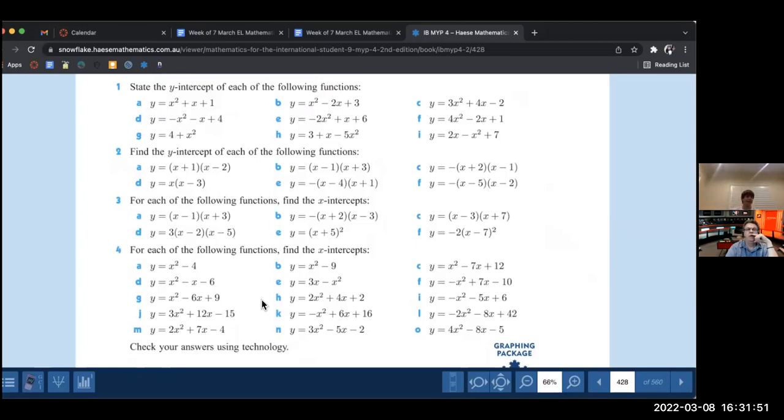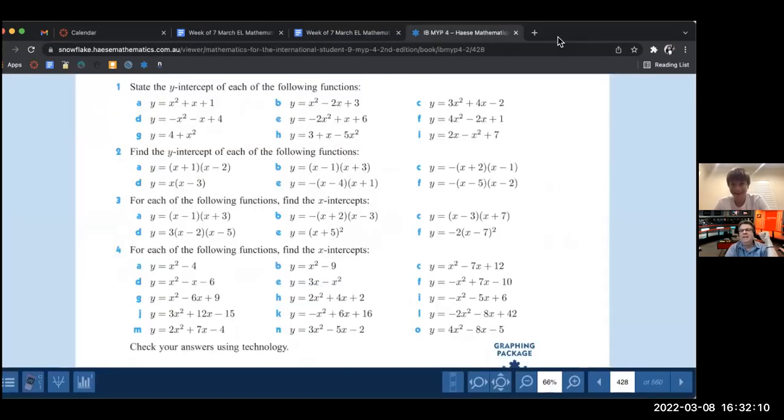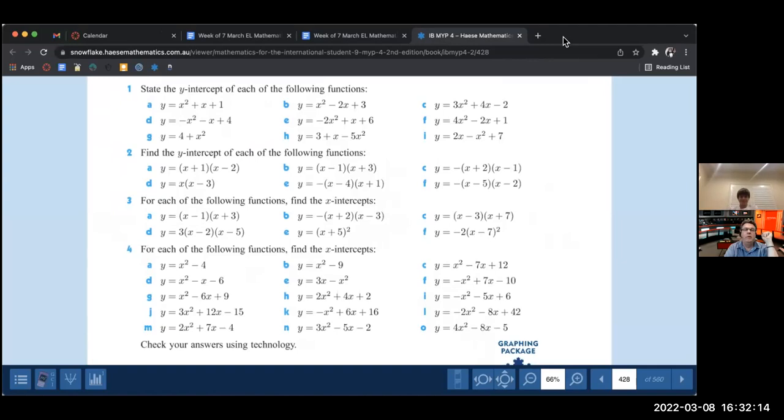So this one, what I'm seeing right now, that's the assignment 1 through 4. Yeah, I'm pretty sure it says 1 through 4 all. He's a horrible person. Just kidding.